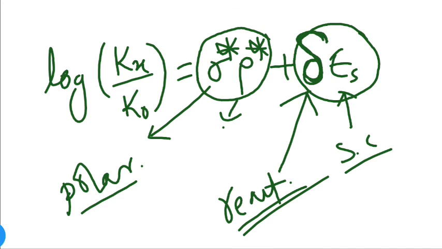That means how the steric effect can influence the chemical reaction is measured by delta. And Es is the steric effect of the substituent. If the substituent is bulky, then that bulky substituent will have a different value for Es. Okay, these are the basic things of the Hammett-Taft equation.